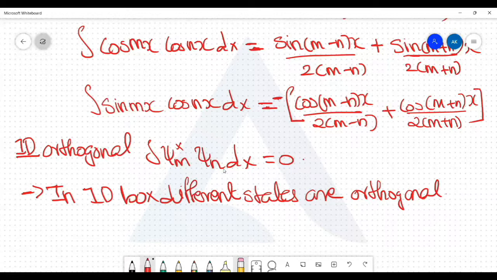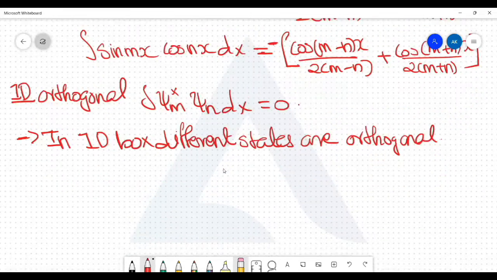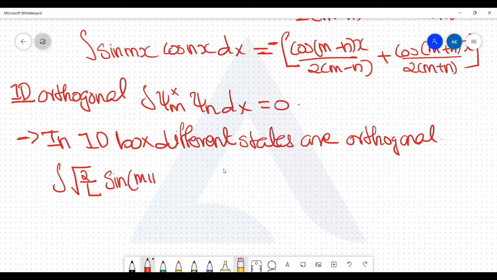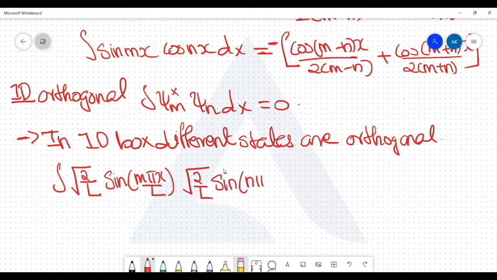So what is our state? Let me write it. Our states are root 2 by L sine m pi x by L, because psi m star, once you take the star, is the same since it is real, times root 2 by L sine n pi x by L dx, with limits 0 to L. These are two different wave functions, and we expect to get 0.